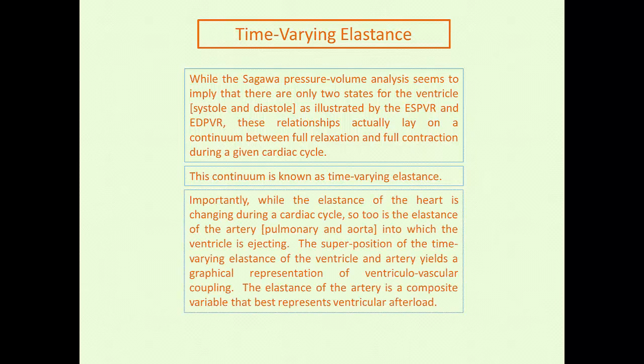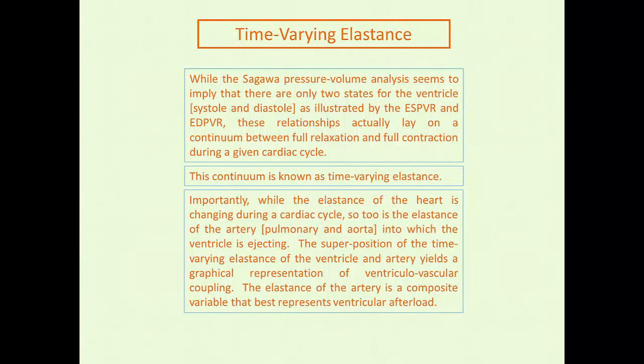And it's also important to note that the elastance of the ventricle is changing during a single ejection, but also the elastance of the aorta or pulmonary artery is also changing. So there's also an elastance of the vascular bed into which the ventricle is ejecting.